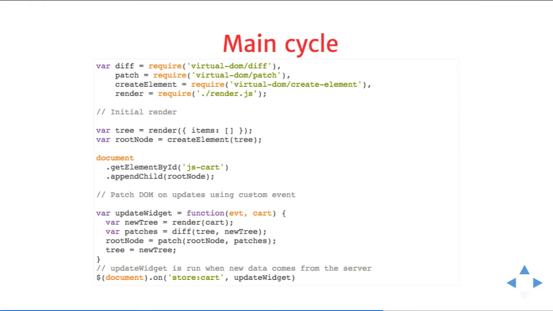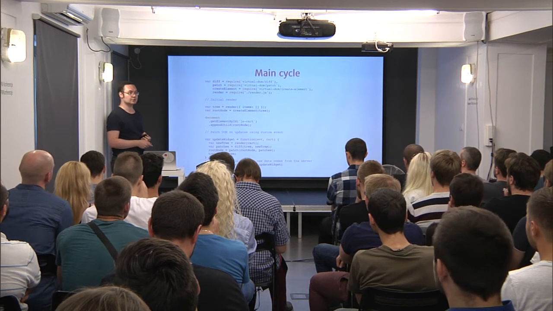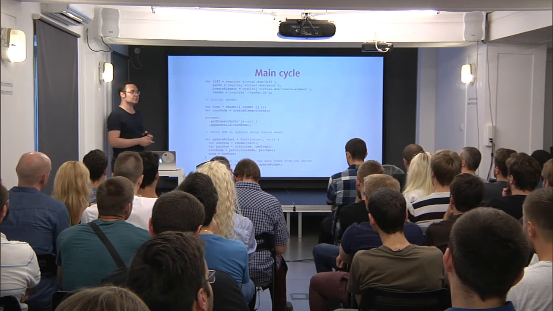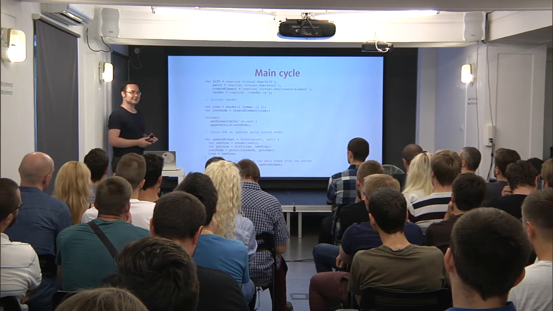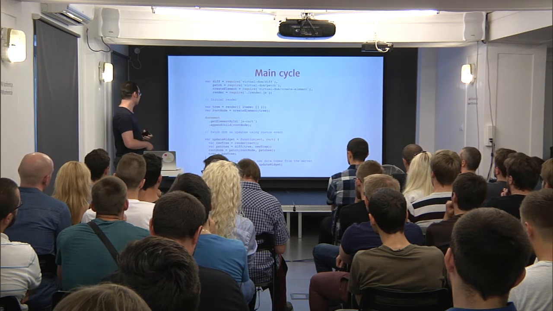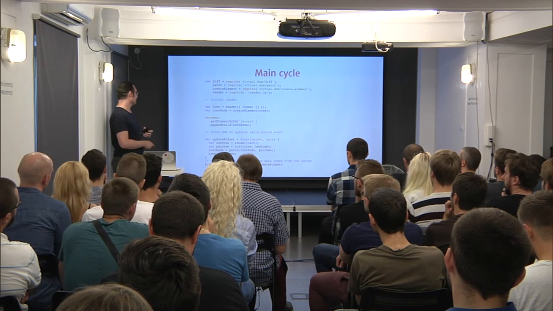This might not look as functional for some of you as it is. It's not, but it works. And to be fair, it works the same way in React. So we cannot achieve true functional programming Zen everywhere. Okay.